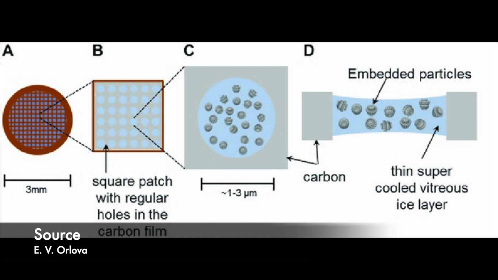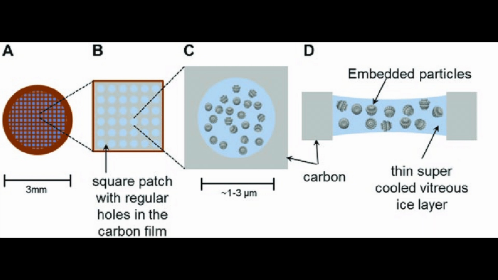Looking at this image, you can see the grid here. It's filled with many of these grid squares, and each of them contains a bunch of tiny circular cutouts, where we hope that the water with our sample is suspended such that there's nothing in between the top and bottom layer of that ice sheet.